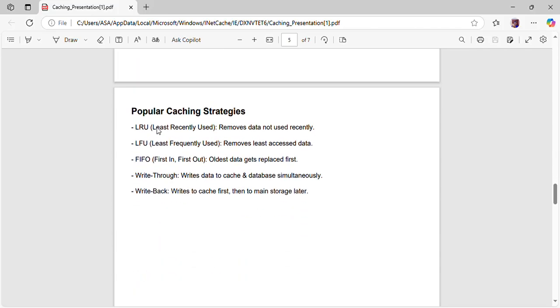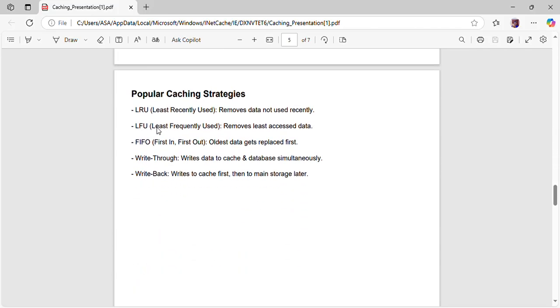Yes, and then let's look at some popular caching strategies. One, we have least recently used, which removes data not used recently. We have LFU, which is least frequently used, which removes the least accessed data, that's the previously accessed data or file.